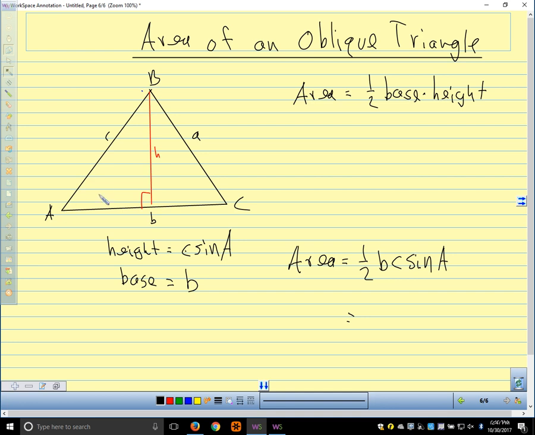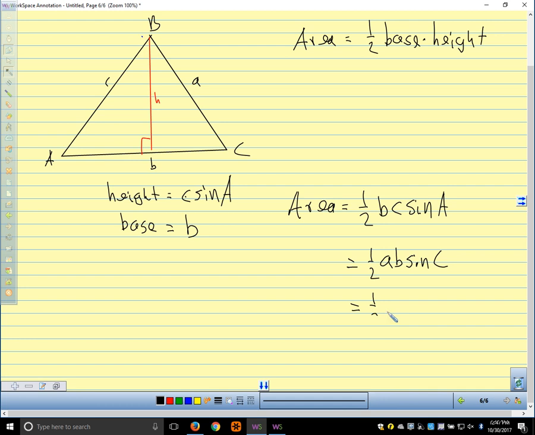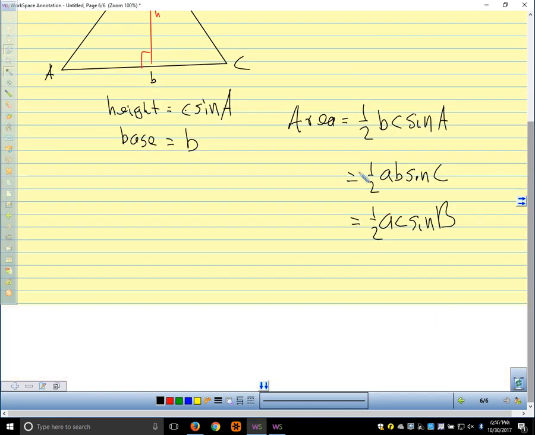I could draw my height from another vertex, and I would get another formula, 1/2 AB sine C, or using the third vertex, 1/2 AC sine B. So we have a new area formula. We'll learn another one that's related to the law of cosines, and then another one that has to do with vectors.